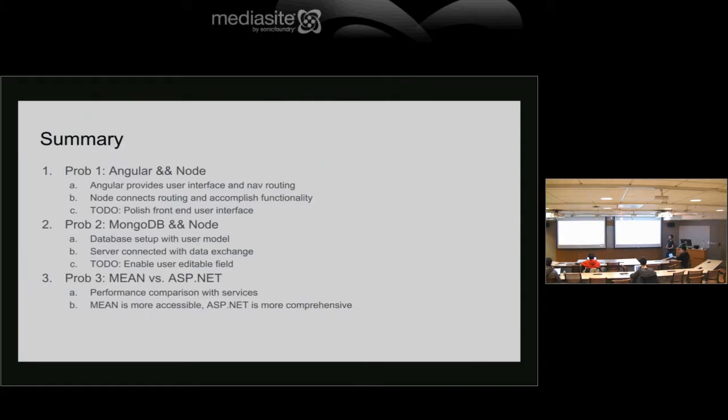So let's summarize the topics we just went through. The first one, we talked about Angular and Node. The front end built with Angular helps the user build their user interface, giving them the access point. And Node.js will be connecting the routes with Express and accomplishing those functionalities.